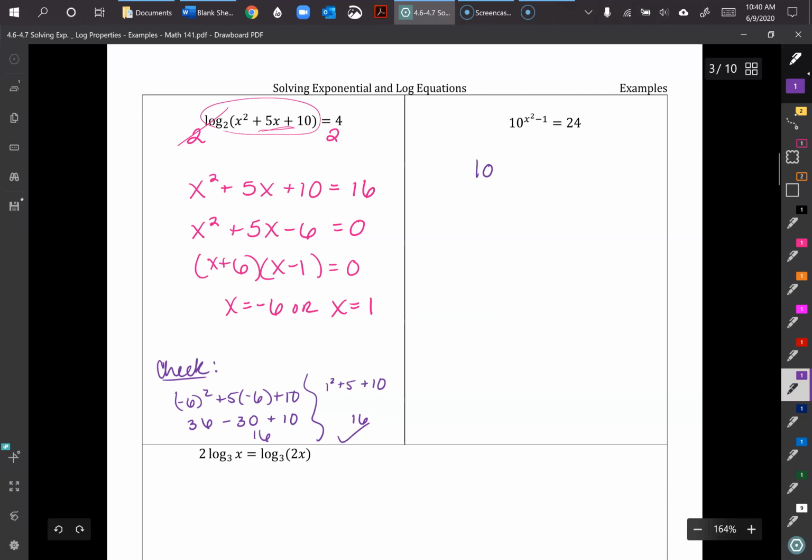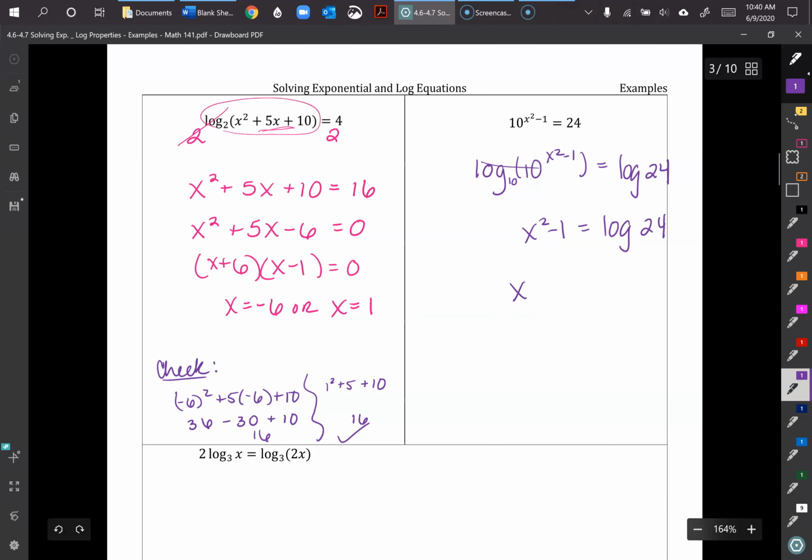So I'm going to take the log of 10 to the x squared minus 1, and the log of 24 on the other side. So if I do common log base 10, that will just leave me with the exponent here, x squared minus 1 equals log of 24.